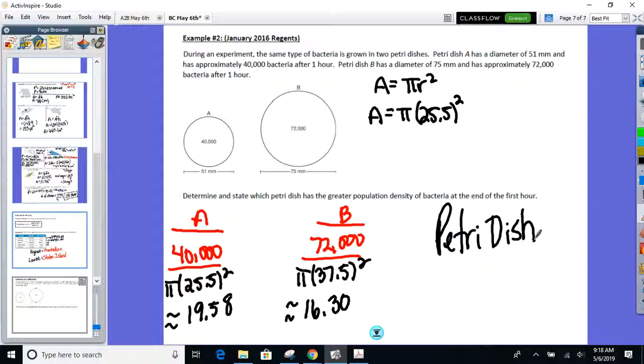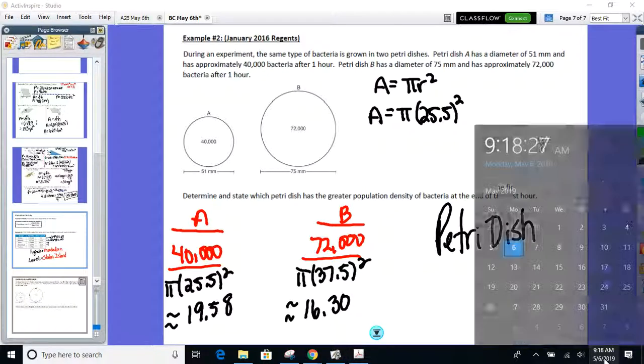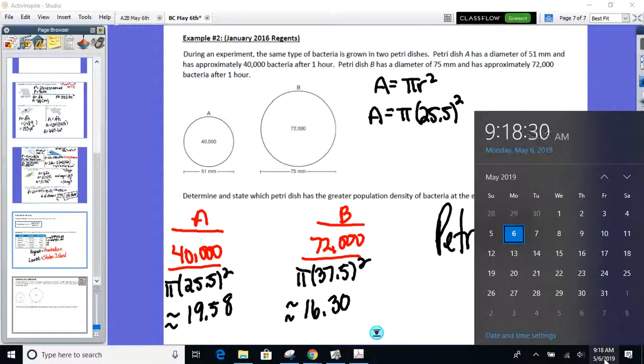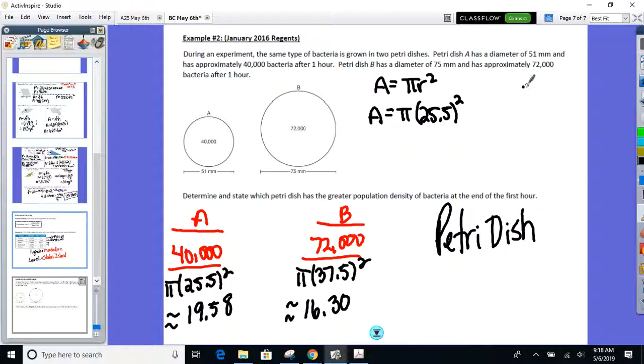Again, you guys that have them, use the fraction template here, or parentheses in the denominator. Okay, so which one has the higher one then? A. Yep.